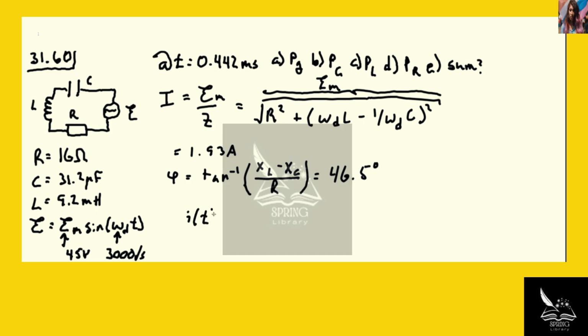And so the current as a function of time will be I sine (omega d t minus the phase), and we just found the amplitude of the current and the phase.